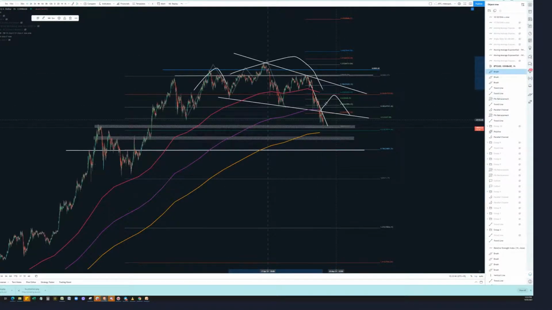So we didn't have that scenario play out, and we didn't have this potential bounce here to do a breakout. So both scenarios are nullified, and so we don't even need to look at that anymore. That were the possible scenarios.